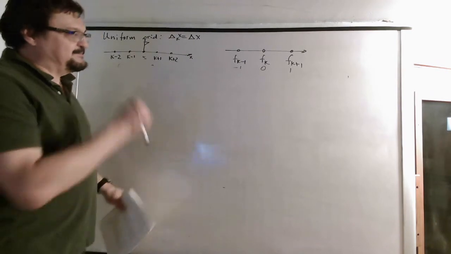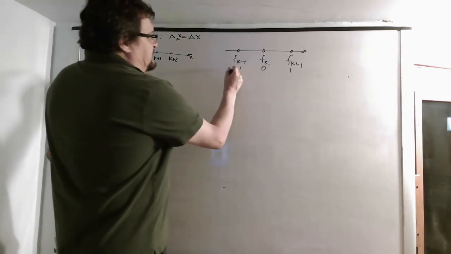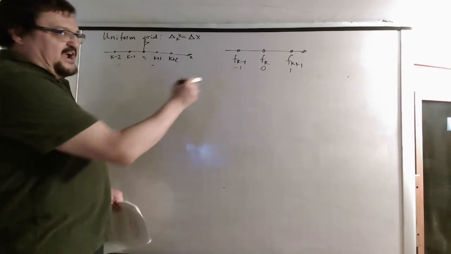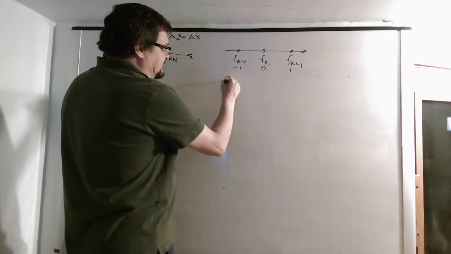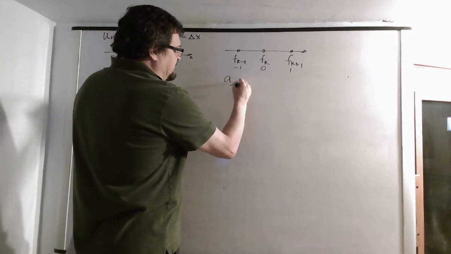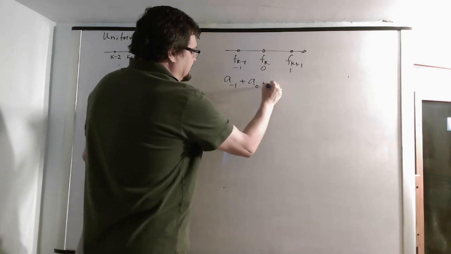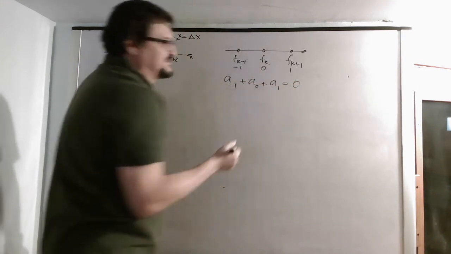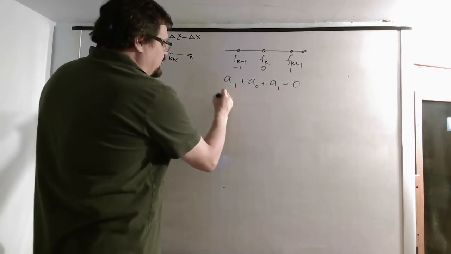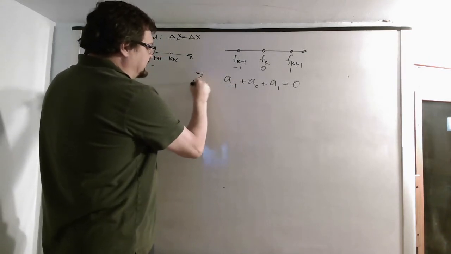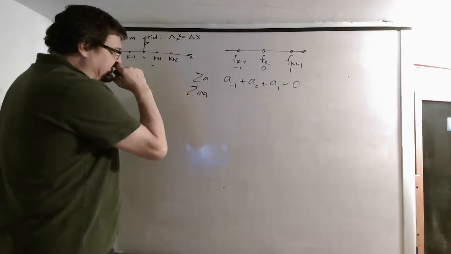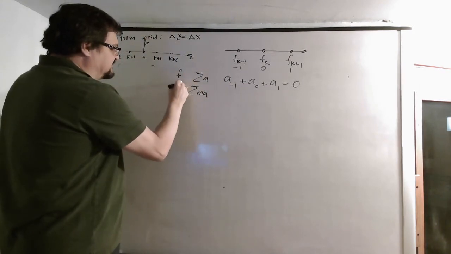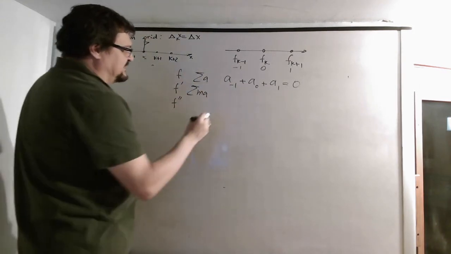So now let's derive the second derivative. For that, you have again a_{-1} plus a_0 plus a_1 equals 0, the same as before. Now you have this m: this is the sum of a for your function, sum of m a for the first derivative, and this is for the second derivative.